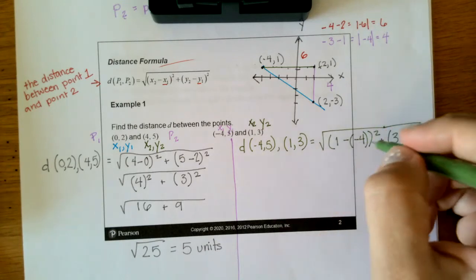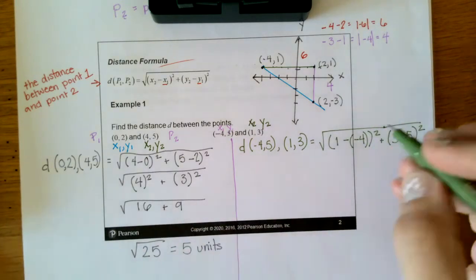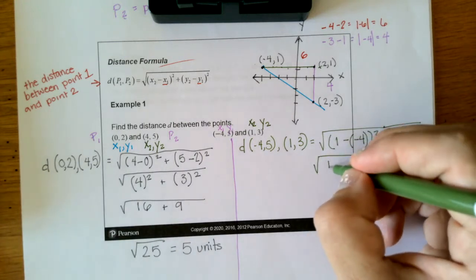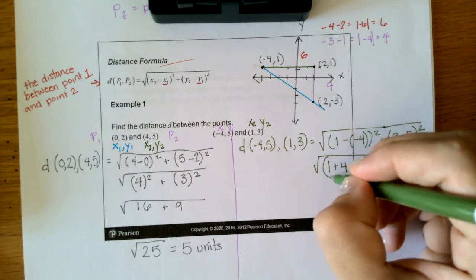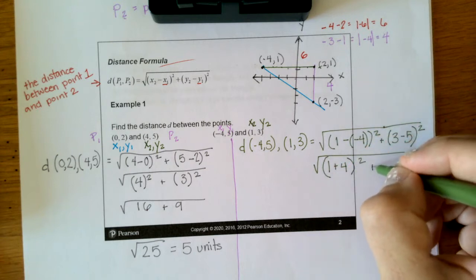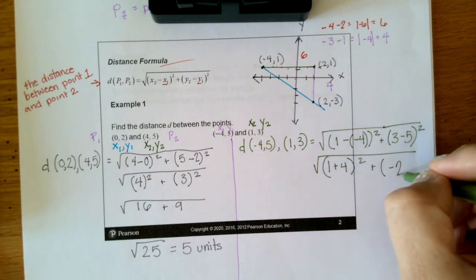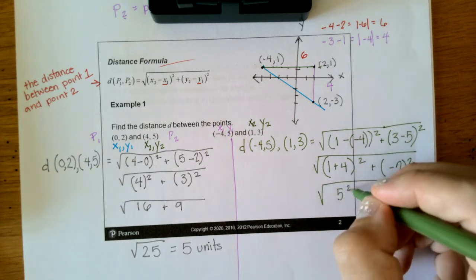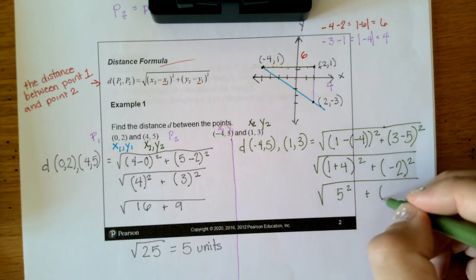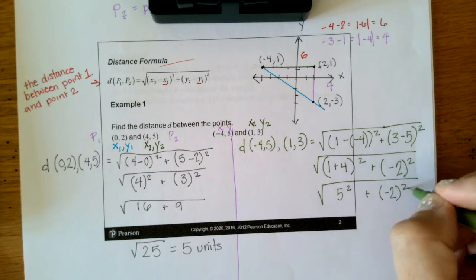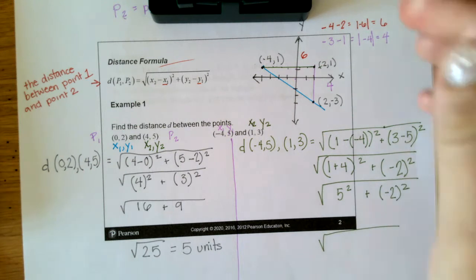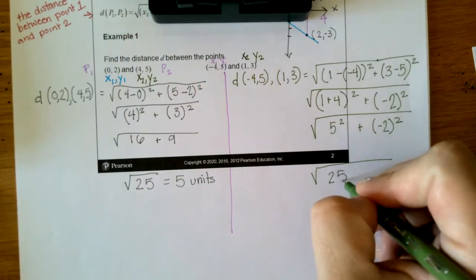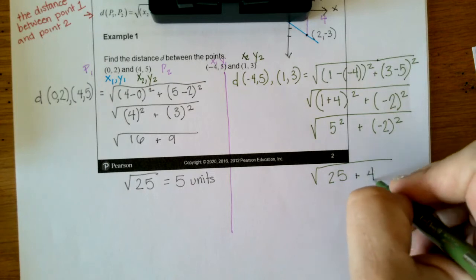So now I've got 1 minus a -4. 1 minus a -4 becomes 1 plus 4, right? 1 plus 4 squared plus, what's 3 minus 5? -2 squared, which becomes 5 squared plus -2 squared, which becomes 25 plus 4, right?